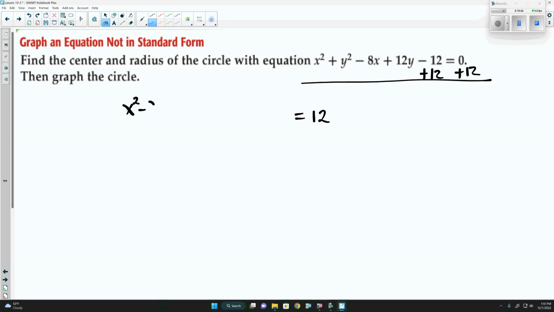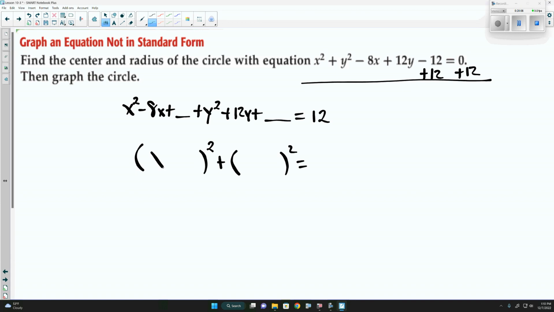So we'd have x squared minus 8x plus, I'm going to leave a blank, plus y squared plus 12y plus blank. What we want to do is rewrite this as a set of parentheses squared plus a set of parentheses squared is equal to a number. The first one's going to have x, the second one will have y.